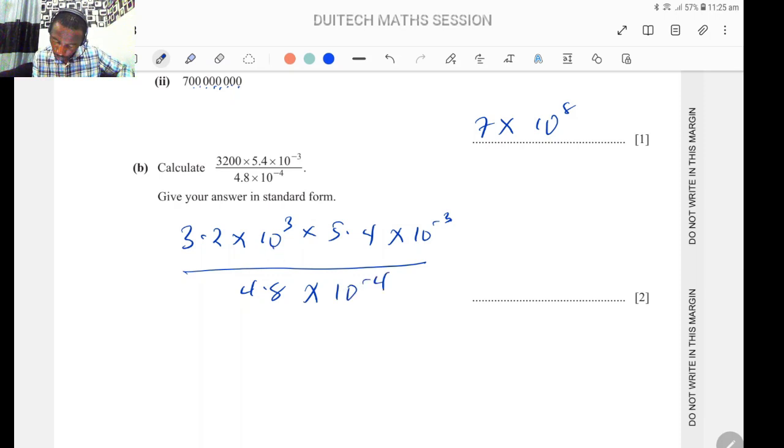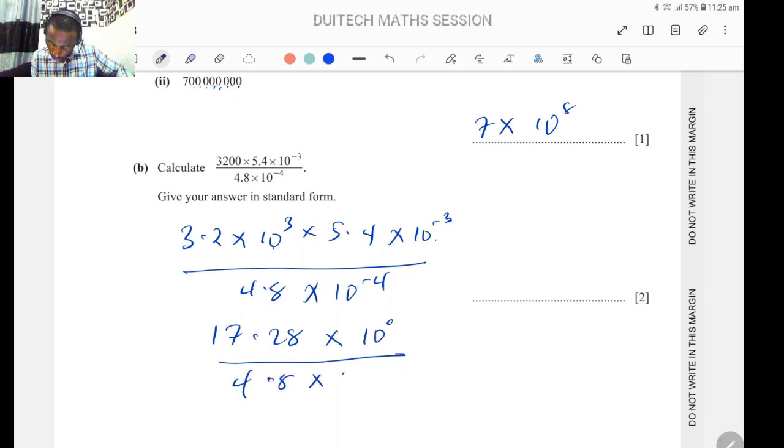I just have to multiply 3.2 times 5.4, which gives me 17.28 times 10 to the power of 0, because 3 minus 3 is 0. So all over what?